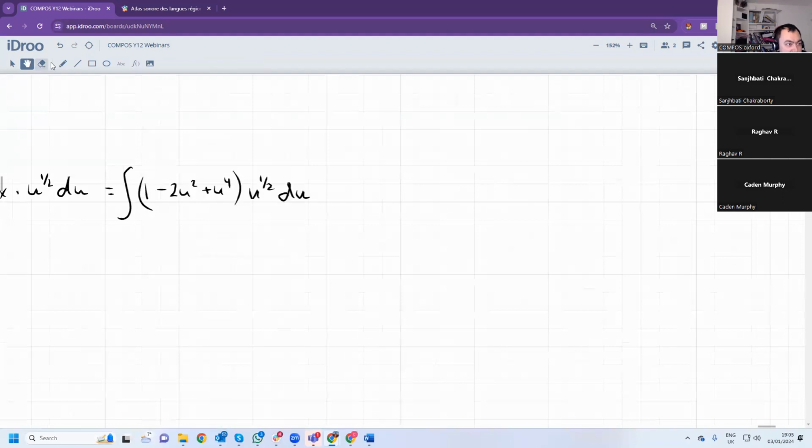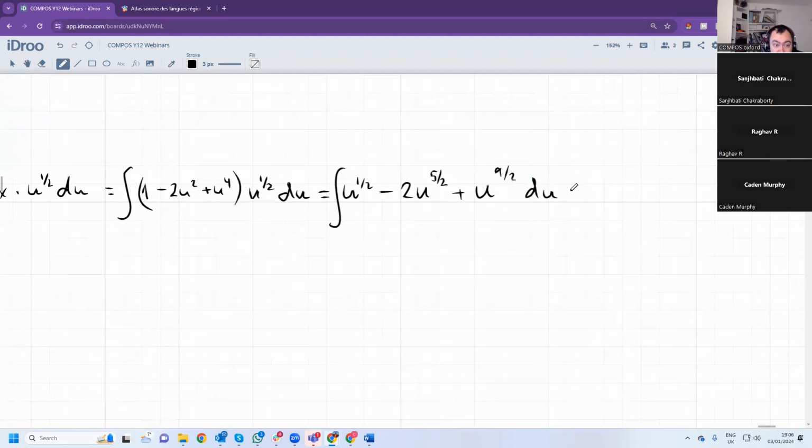Now the substitution is full. Now I'm allowed to integrate because I have no x left. So that's going to be u to the power half minus 2u to the power 5 over 2 plus u to the power 9 over 2 du. We integrate that, it's going to be 2/3 u to the power 3 over 2, minus 2, so there's 4.